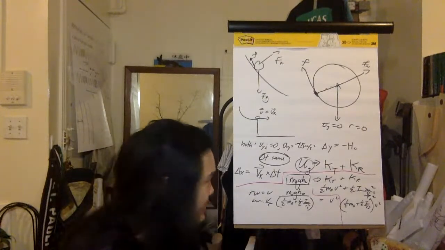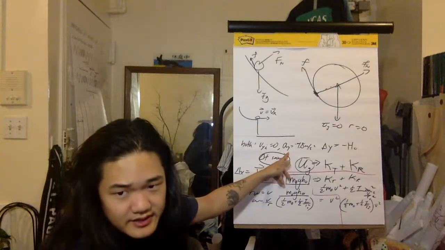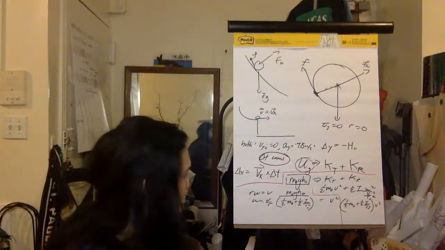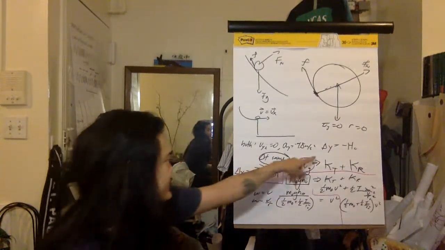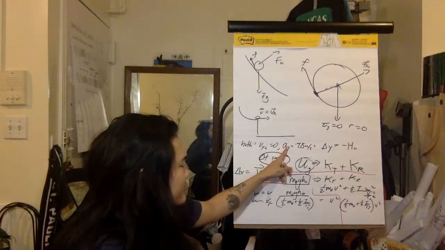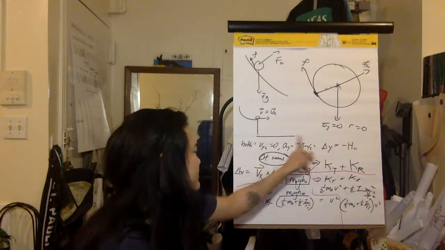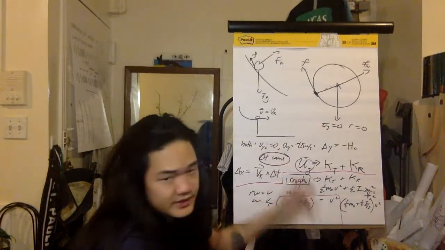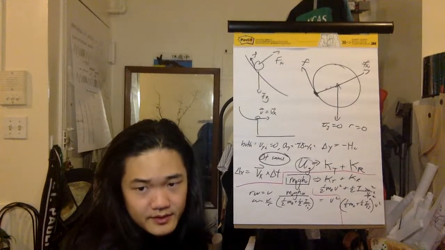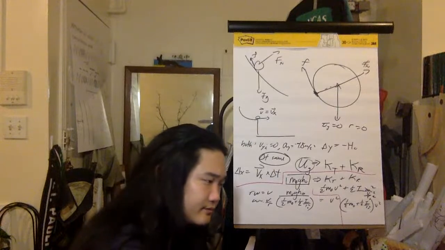I said they both have the same downward acceleration, right? What formula justifies that? Delta y equals v_i t plus 1/2 a delta t squared. So if delta y, a, and v_i are the same, of course delta t is going to be the same. Oh, okay.